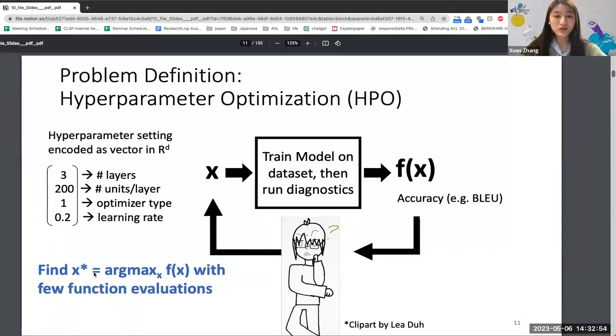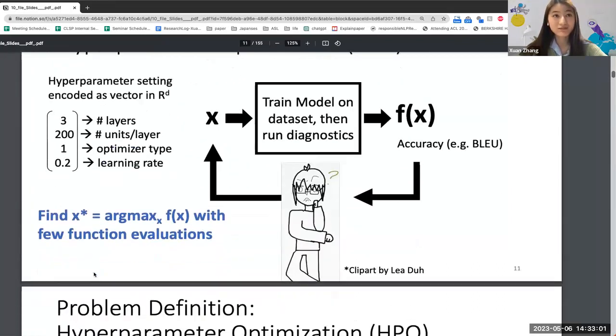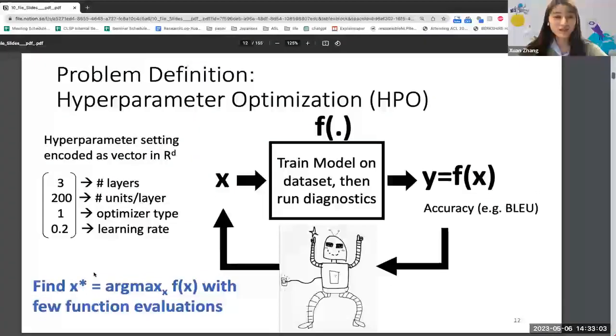So is there a way to do better than this? Or can we avoid this tedious process of manual tuning? It turns out we can actually replace ourselves or any very graduate students with more reliable machines or algorithms in the loop.